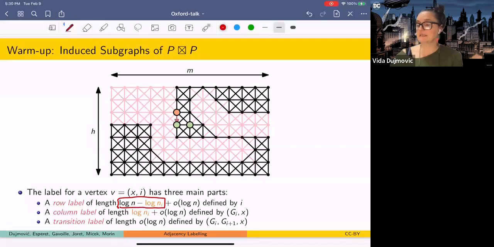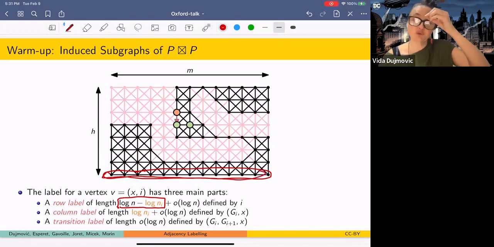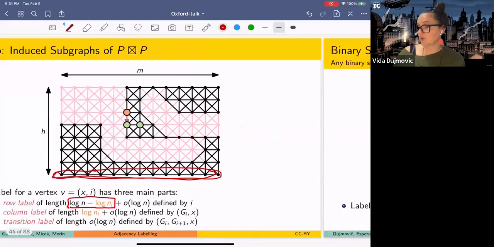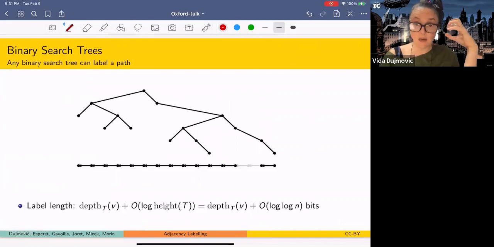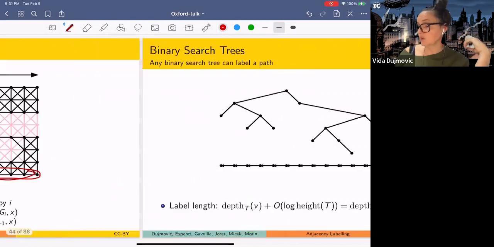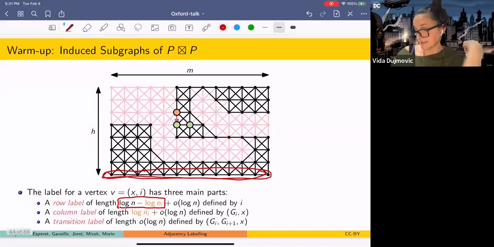The rows that have more vertices get shorter labels, and you can achieve that by this weighted balanced binary search tree, which causes such a row's label to end up closer to the root. So then the label is short.